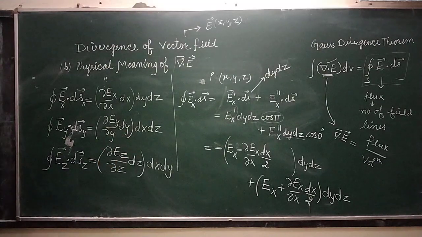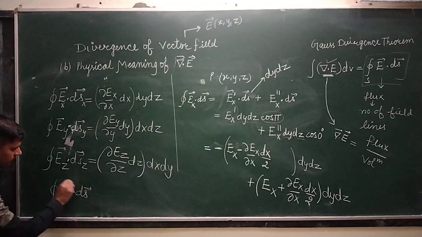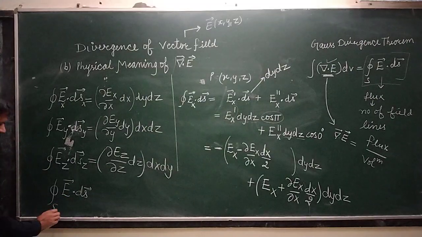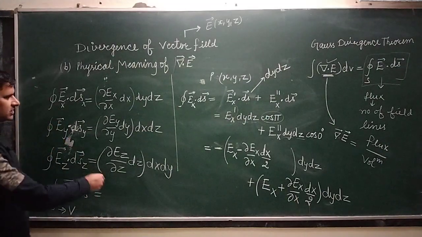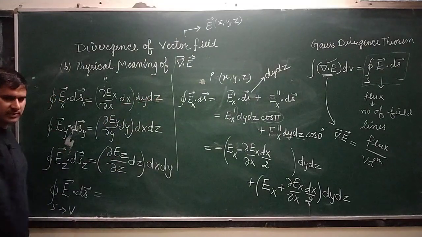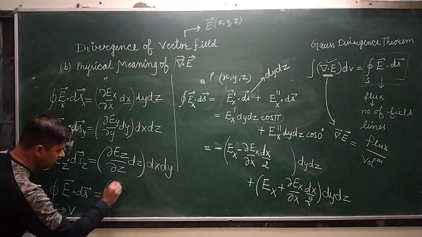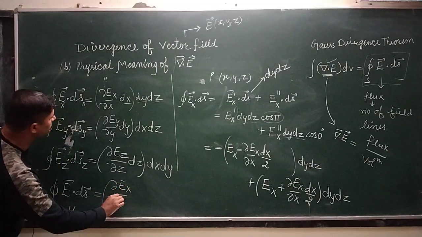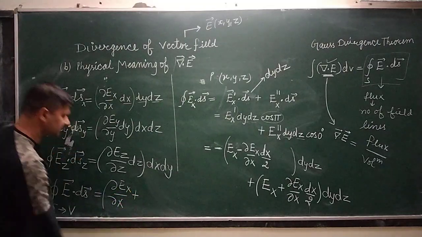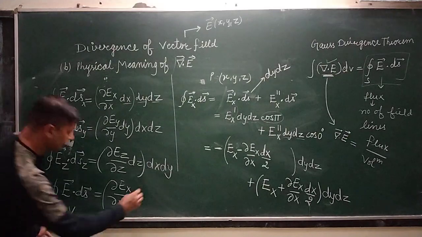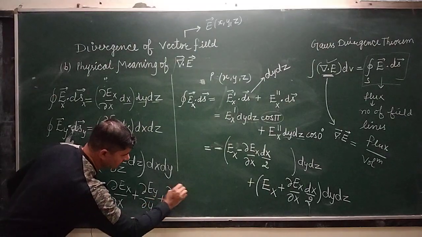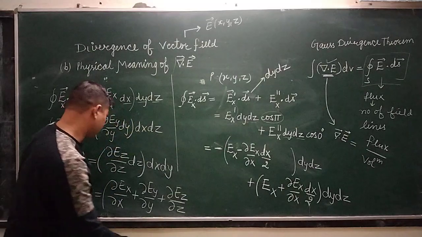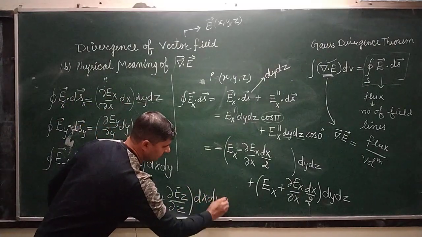So finally you can sum up all these things and you will get the flux due to the electric field, E dot ds over the closed surface enclosing the volume V of the cuboid dx dy dz, that will be equal to, you see here you can take dx dy dz common, these are present in all factors, and within bracket you can write this thing: curly Ex by curly x plus curly Ey by curly y plus curly Ez by curly z, into dx, dy and dz.